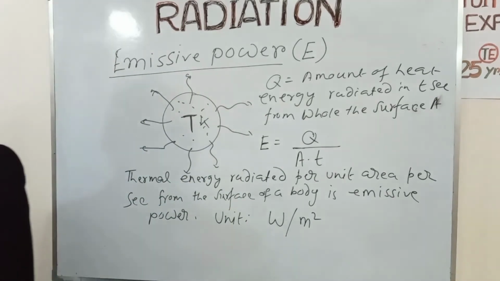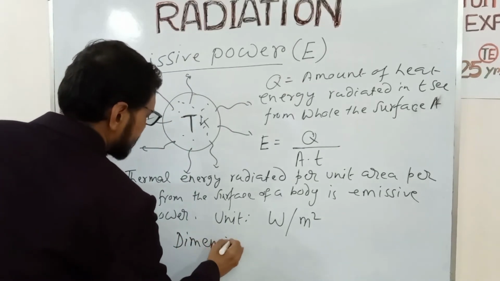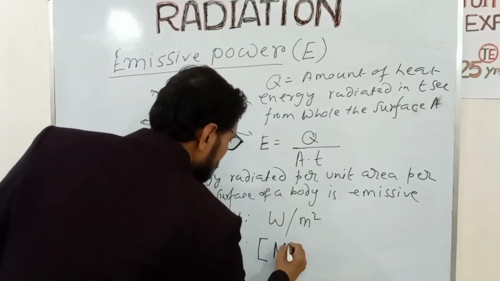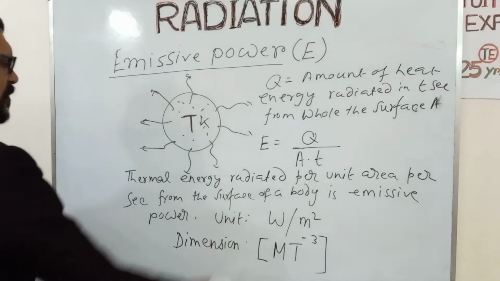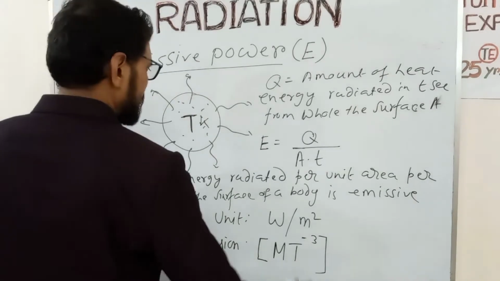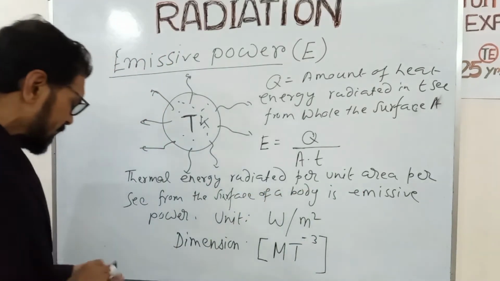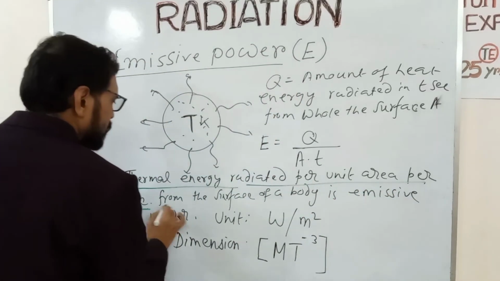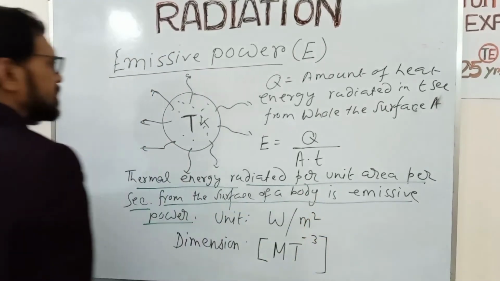Unit will be watt per meter square, and the dimension will be M T to the power minus 3, where M is mass and T is time. Now this is emissive power, that is thermal energy radiated per unit area per second from the surface of a body is the emissive power of the body. The unit is this and the dimension is this.